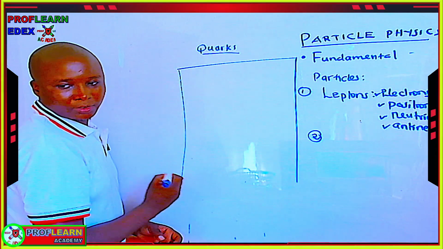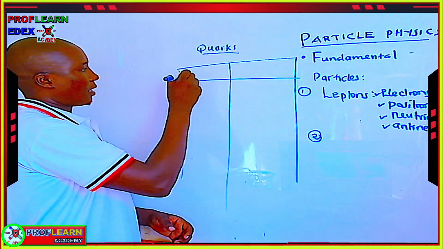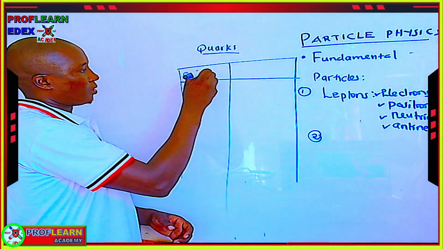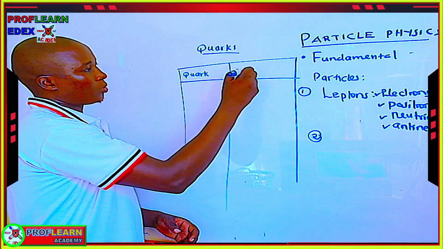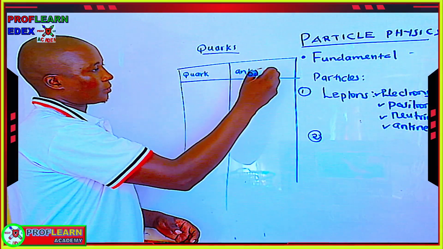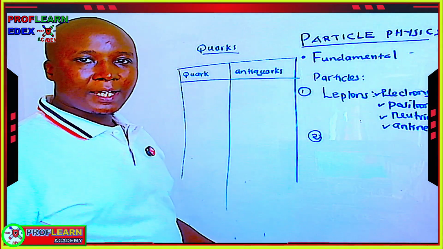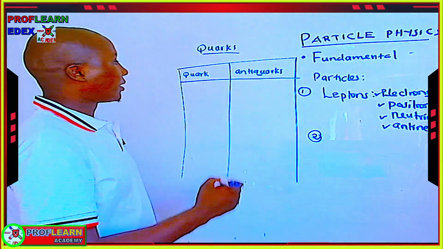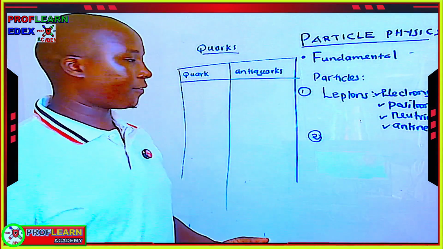So we're going to say the fundamental particles which comprise quarks. We are going to have a quark, and then the charge on it, and then we are going to have antiquarks. Quarks are fundamental particles of 6 types, usually denoted as 6 flavors.